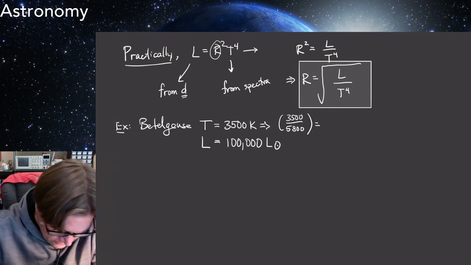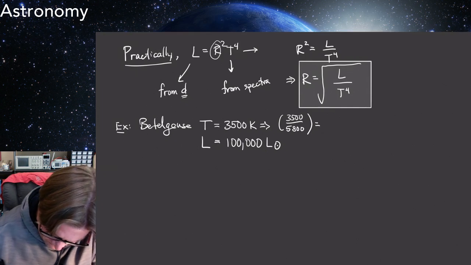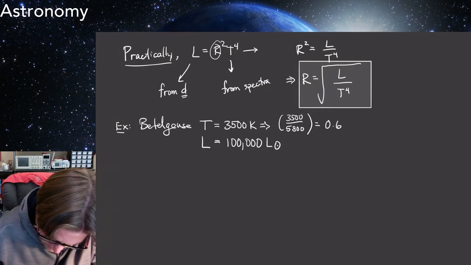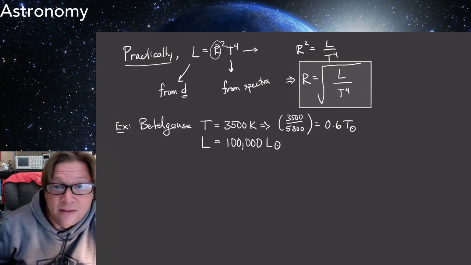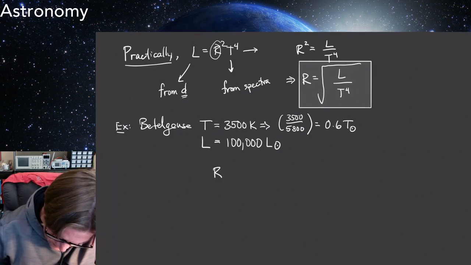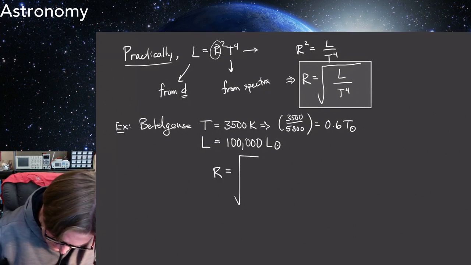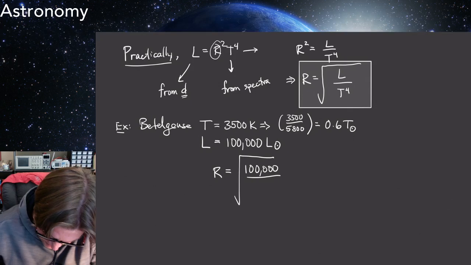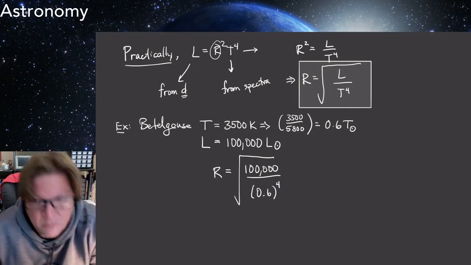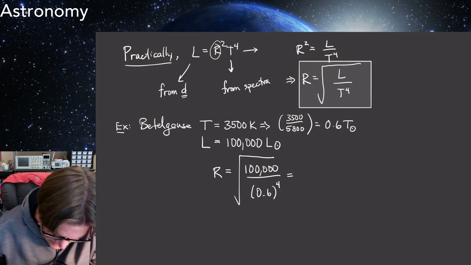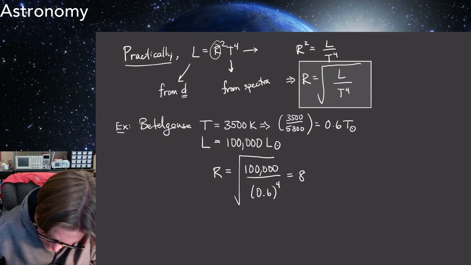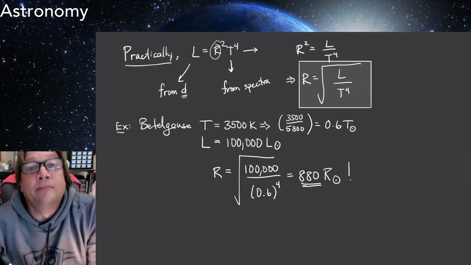And so that is about 0.6 T solar. So let's put that in. Betelgeuse's radius is going to be 100,000 divided by 0.6 to the 4th power, and if you stick all that into your calculator, what you get is about 880 times the size of the sun.